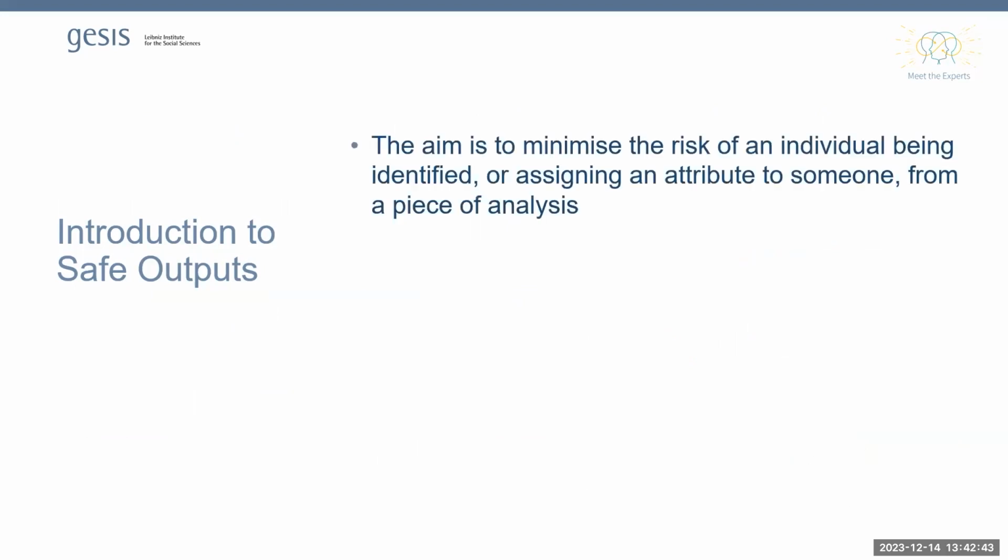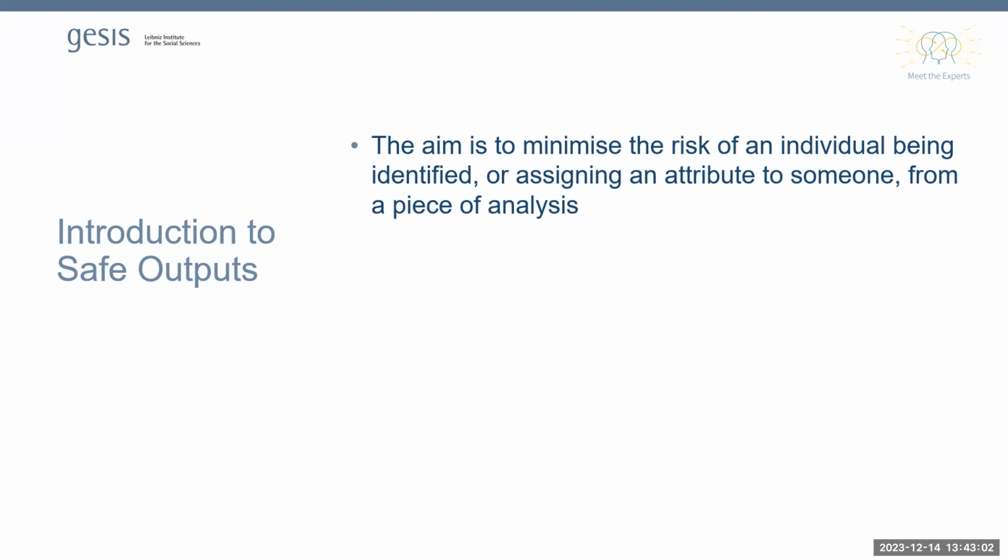And then the final area really is safe outputs. If you're not familiar, what we mean is that in the research results that a researcher wants to publish, we know that there is still a risk of an individual being identified or having some confidential attribute assigned to them.